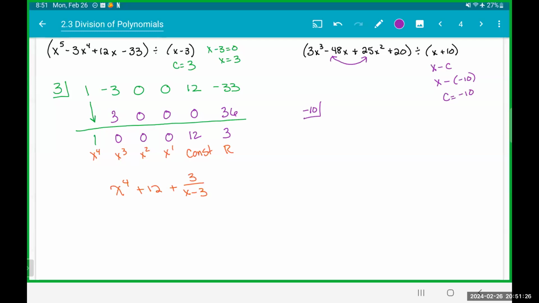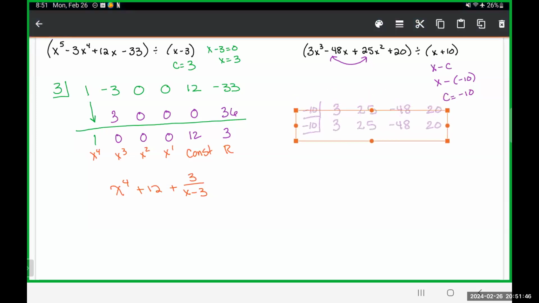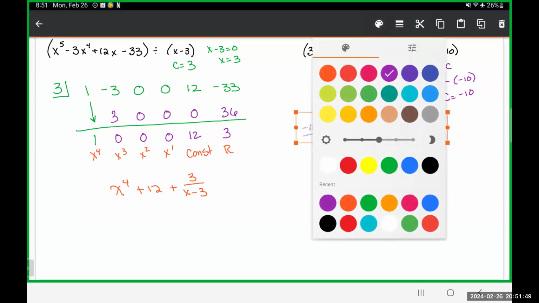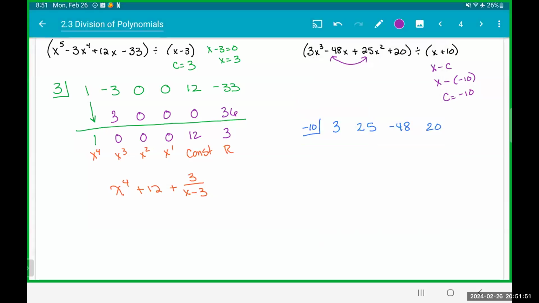When I place them on this line, I need to make sure they're in descending order. So my x cubed is 3, my x squared is 25, x is negative 48, and then my constant is 20. Questions?